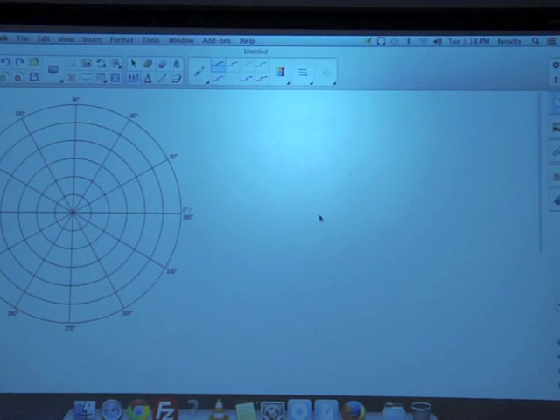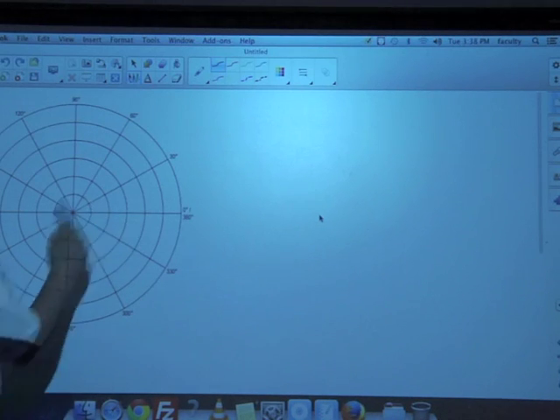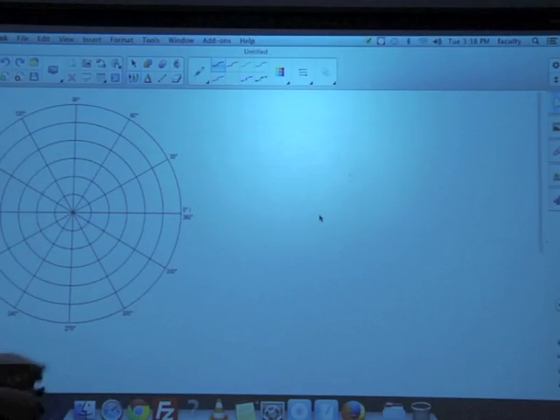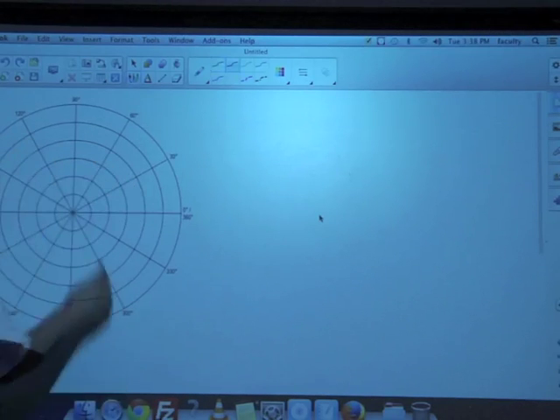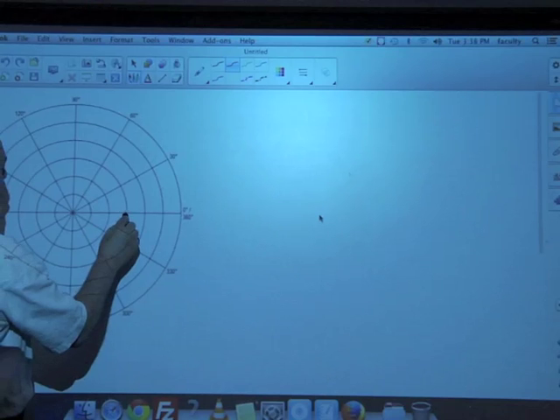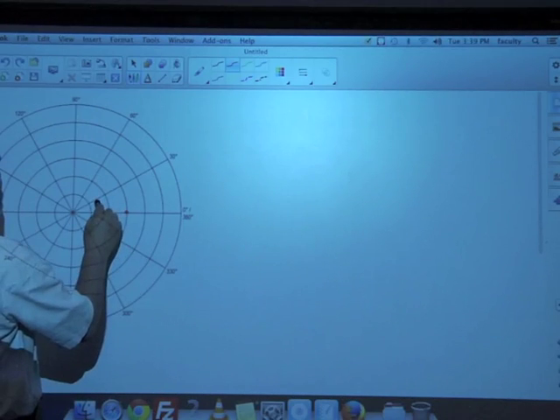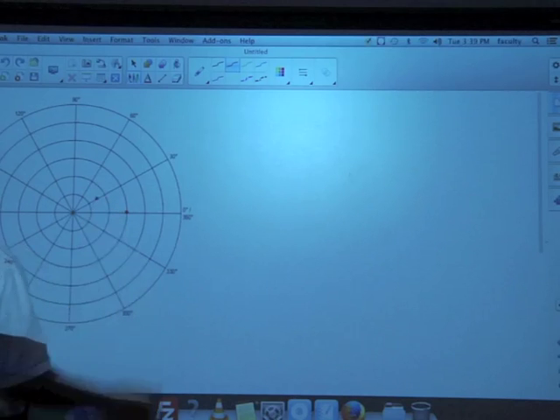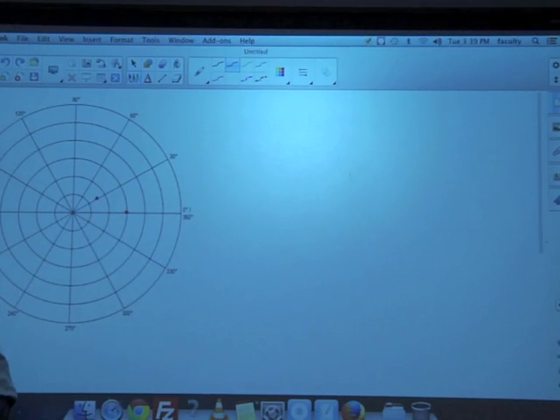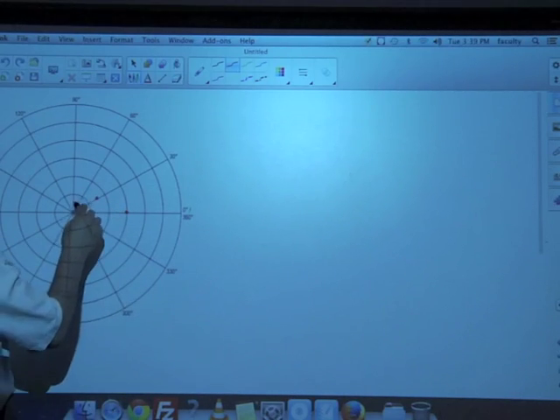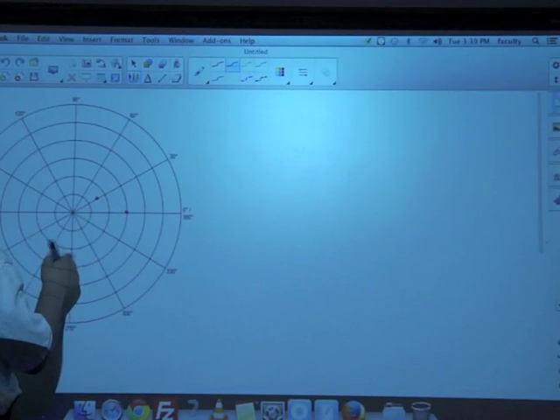Again, our circles go 1, 2, 3. So 0 degrees, my point was where? 3. 30 degrees, we were where? 1.5, so that's roughly there. 60, negative 1.5.